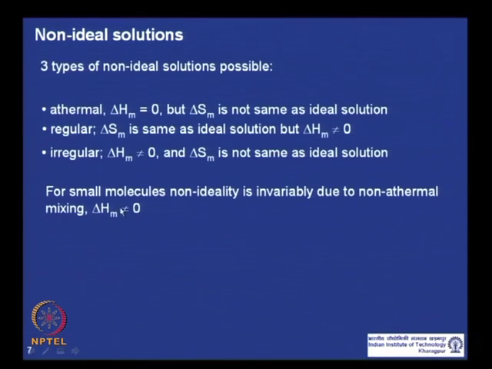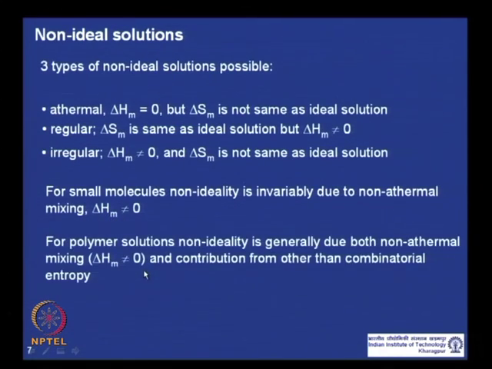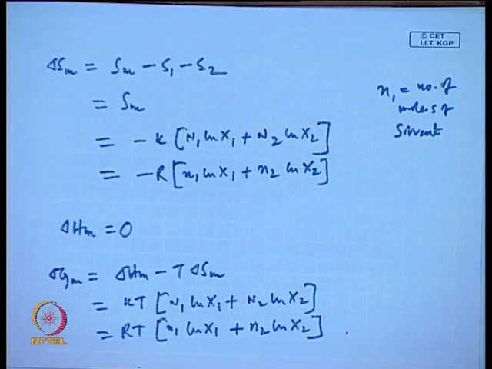Now, non-ideal solution of small molecules is invariably due to non-athermal mixing. Okay. As you know from your physical chemistry knowledge, any non-ideality which happens in the case of solutions of small molecules is due to non-athermal mixing, or delta H mixing is not equal to 0. For polymer solutions, this non-ideality is generally due to both.